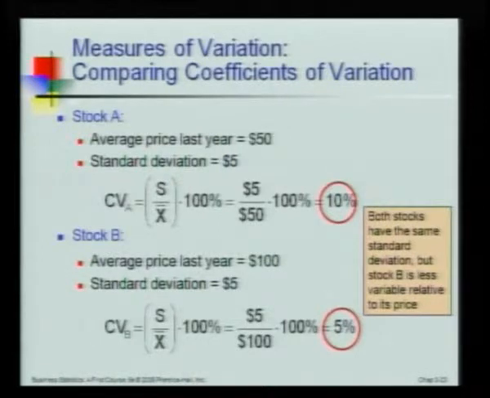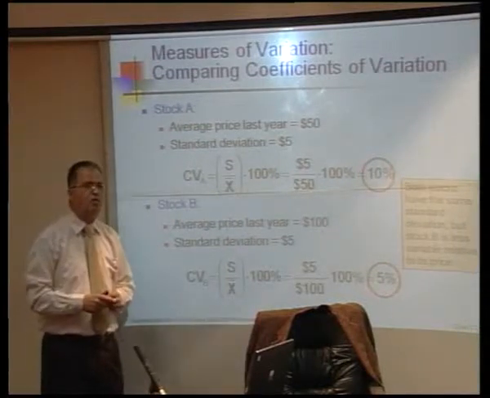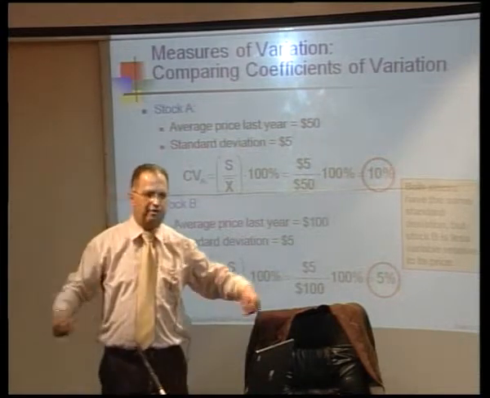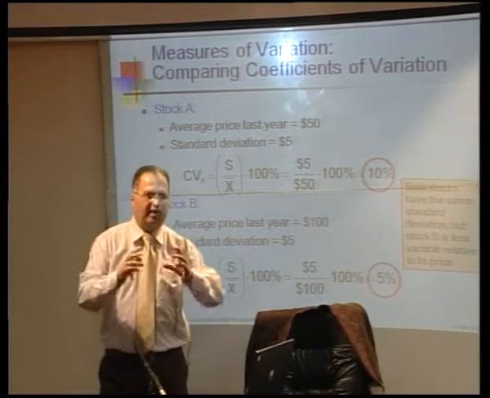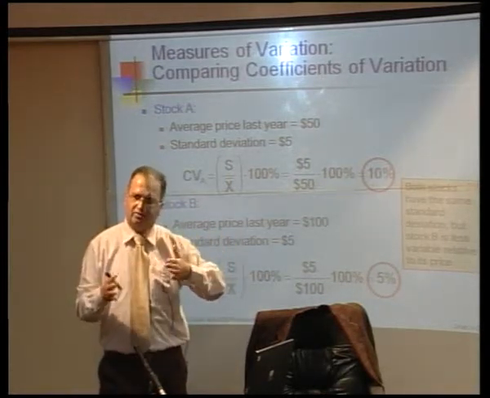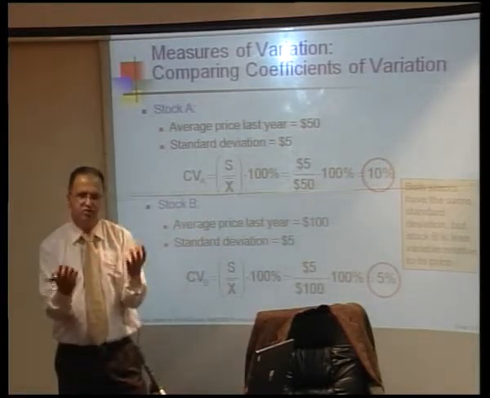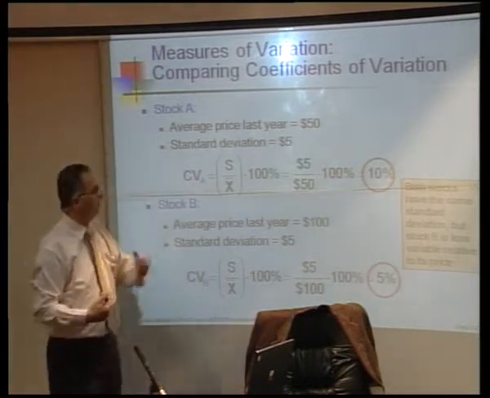For stock B, the average price last year was $100 with the same standard deviation, 5. Now let's compare which stock price is more spread than the other one.